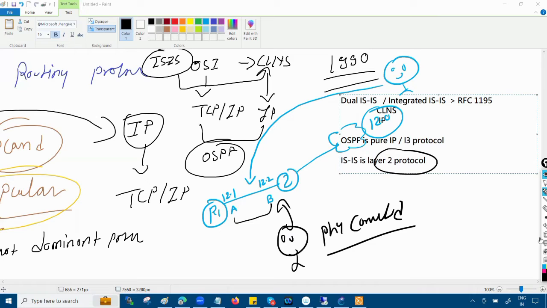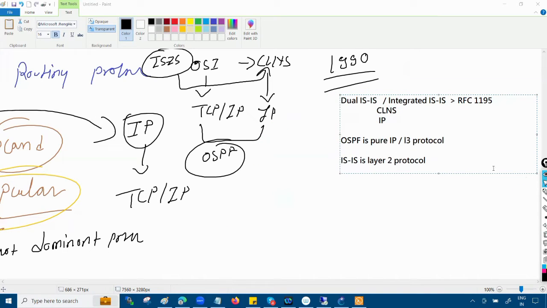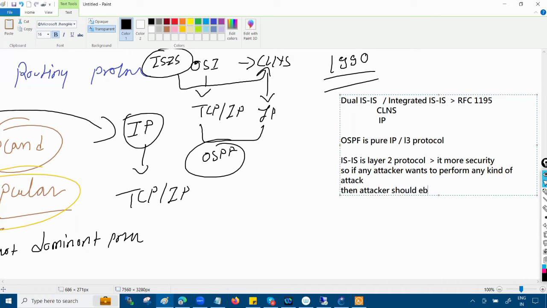So ISIS is a pure layer 2 protocol, and it provides more security. Any attacker who wants to perform any kind of attack must be physically connected.